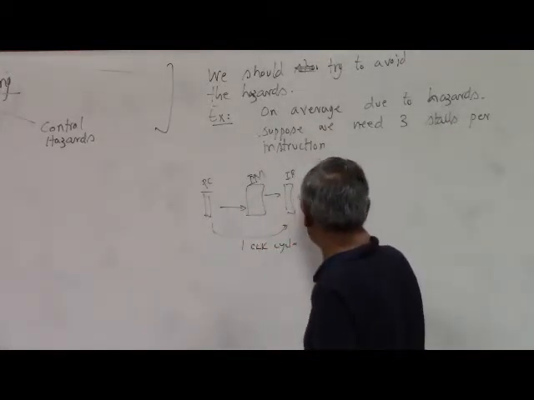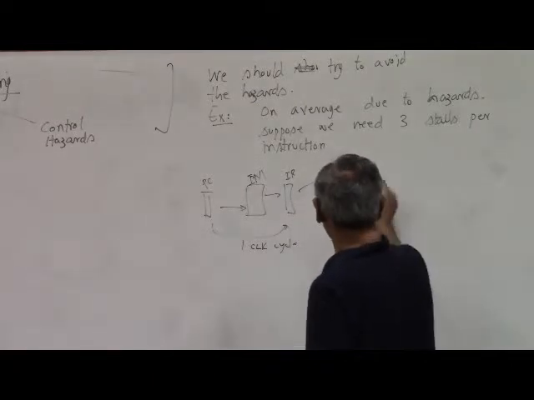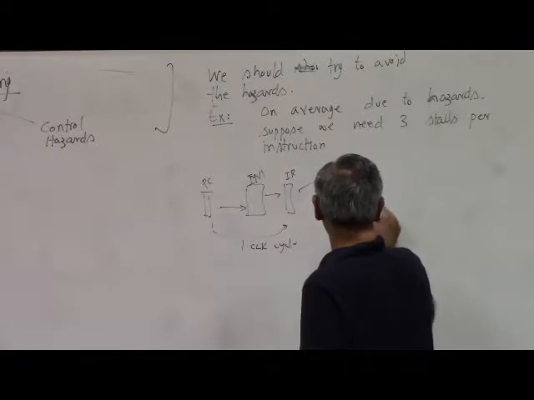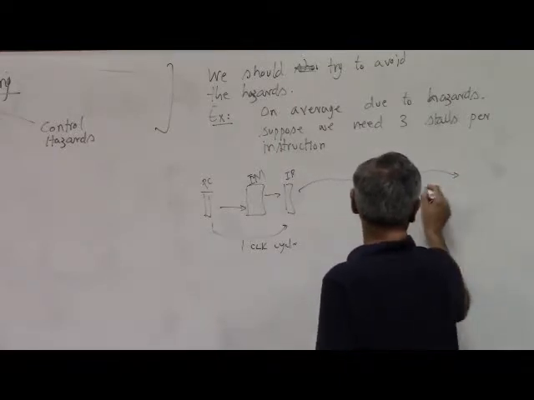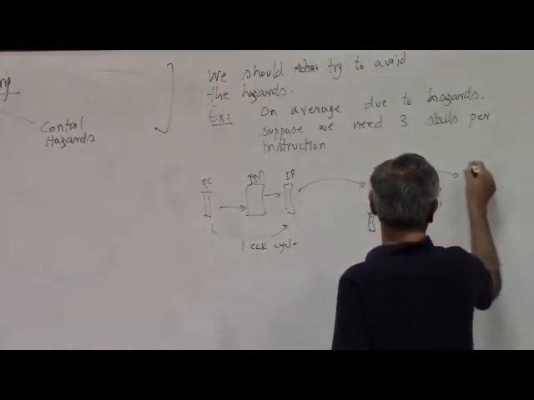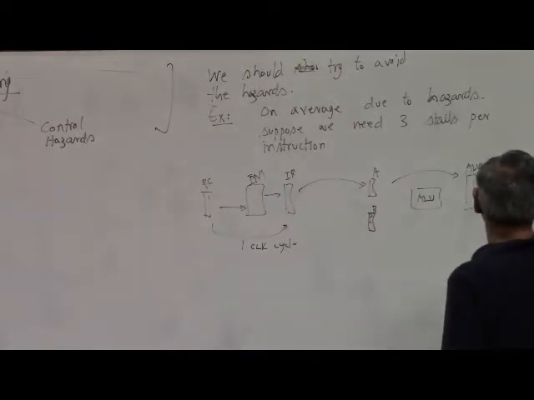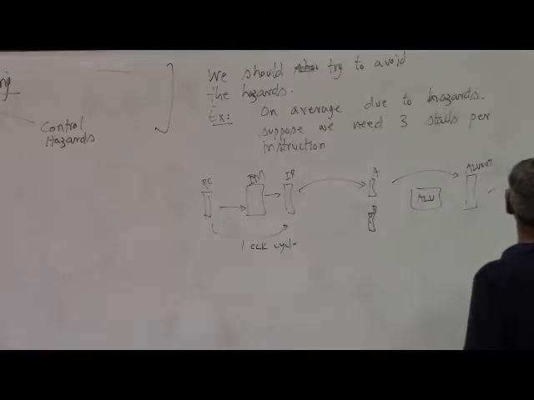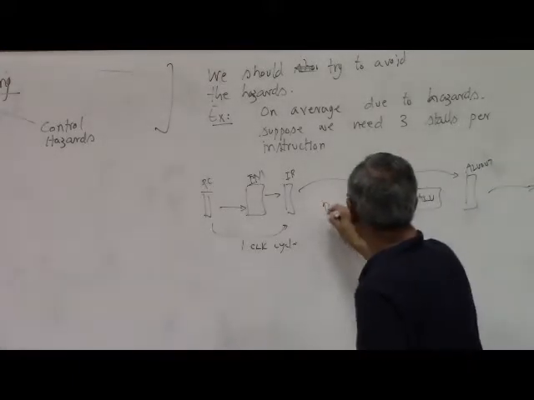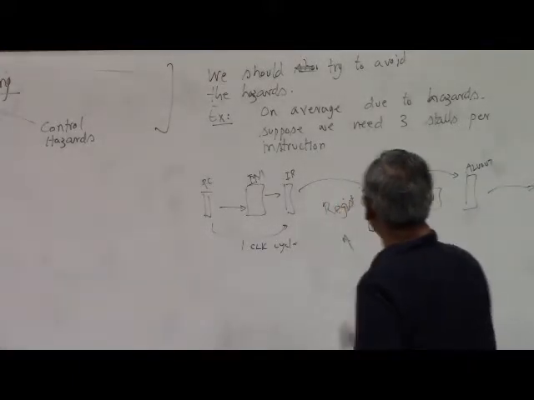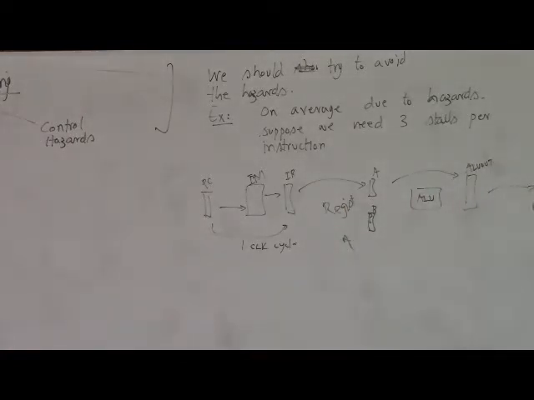In the second clock cycle, we decode and copy into A and B. In the third clock cycle, we go through the ALU and produce some result in ALU out. Then we go through the data memory, produce some result in LMD, and finally write it back to the register. So we had this 5-cycle pipeline, right?